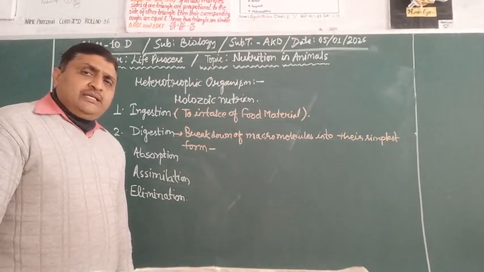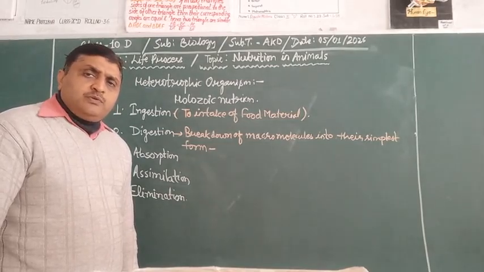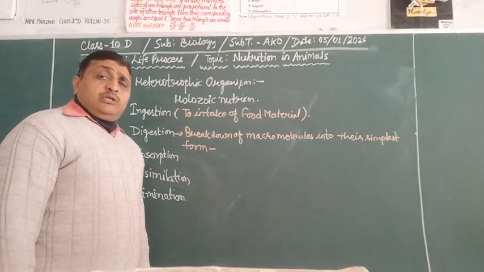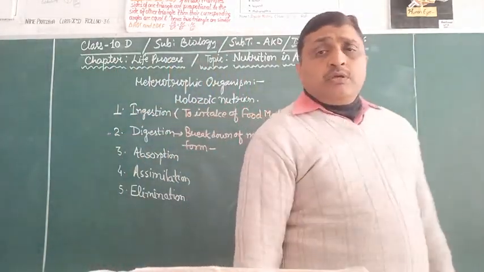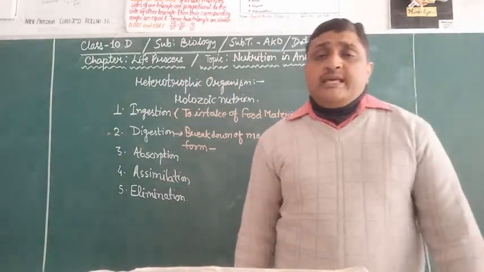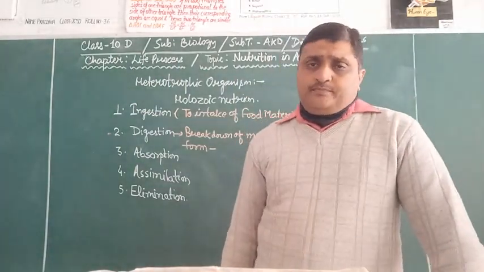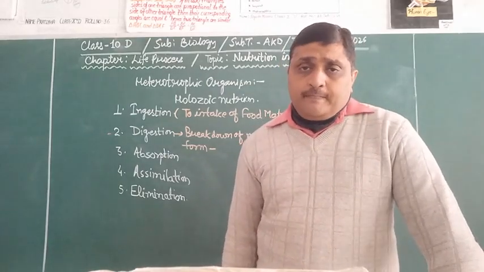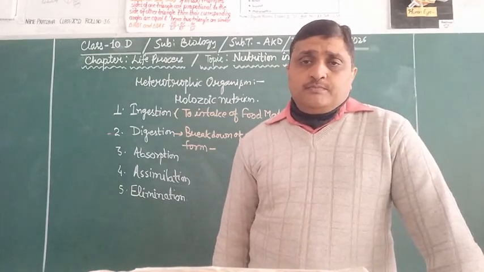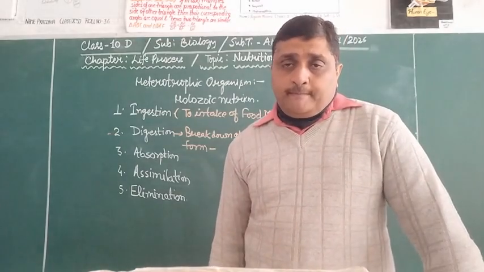So what happens after the digestion? After the digestion of the food material with the digestive enzymes, that food material must be absorbed by the cells of the body, the different types of cells in the different parts of the body.